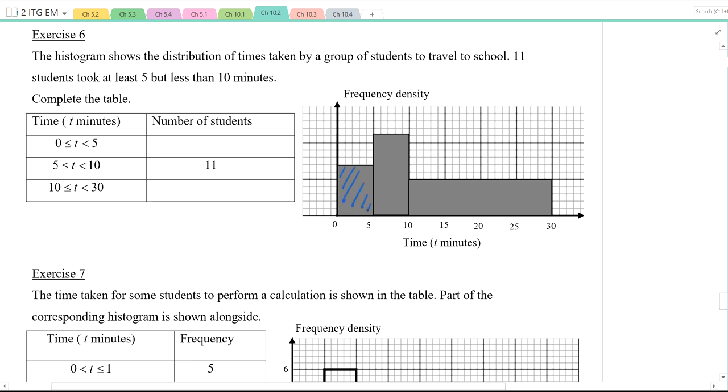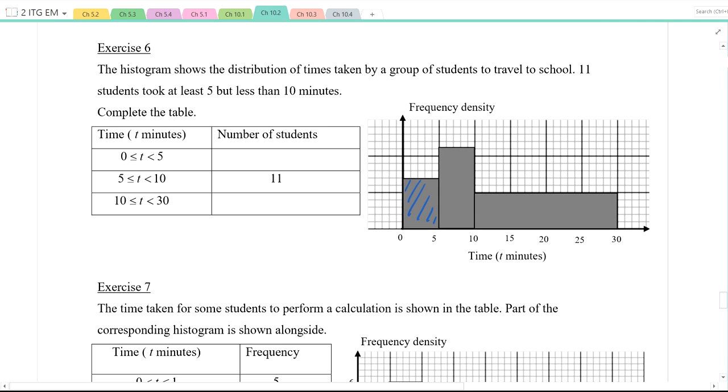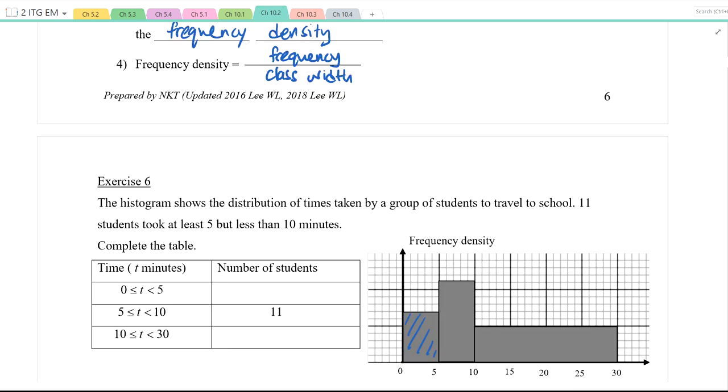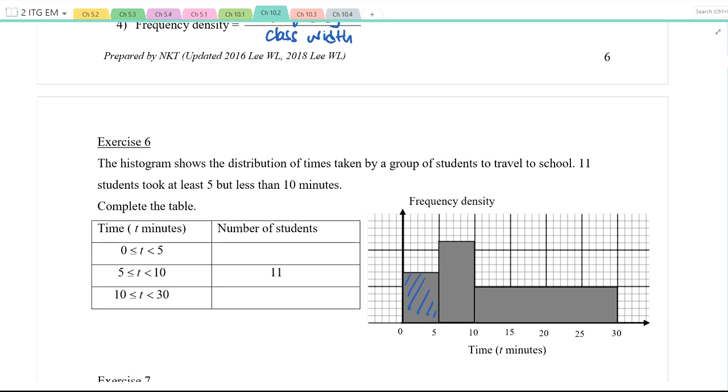In order to find the number of students, we will need to take the value of the class width multiplied by the frequency density. Okay, so there are some missing numbers over here. This is actually 1, this over here is 2. Okay, so we've got this as 1.4, this being 2.2.